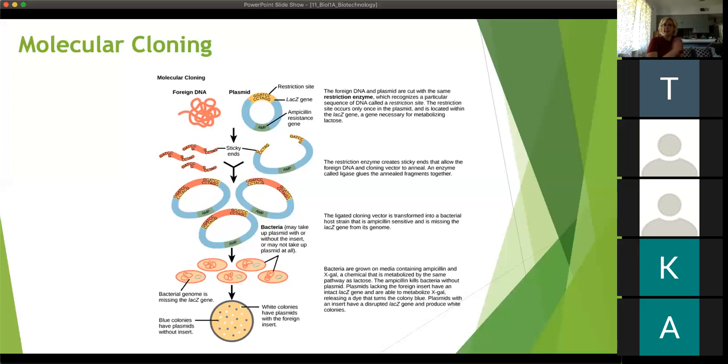Instead, we take the gene that will eventually produce insulin, we put it in a bacterium, and the bacterium makes insulin. I can grow bacteria forever. I can grow thousands and thousands of copies of bacteria in a cup this big overnight.